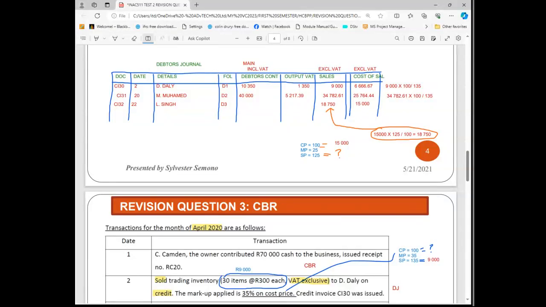Is it excluding VAT or inclusive? Check the column name on top. It says exclusive VAT.